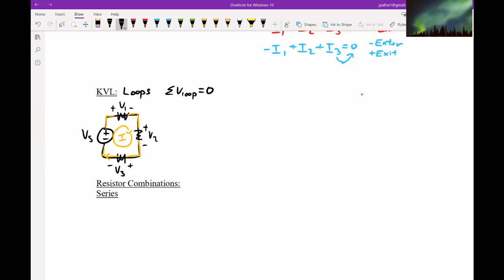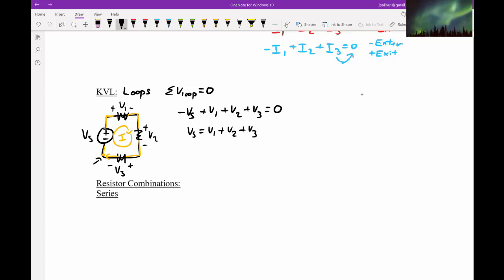So if we start, say, at that point right there, we'll come up, we'll hit the negative terminal of the battery, we'll hit the positive terminal of V1, the positive terminal of V2, and we'll hit the positive terminal of V3, and we'll end up back where we started, so we can set that equal to 0. And so what this really means is that all the battery voltage is given to all of these other voltages throughout the circuit.